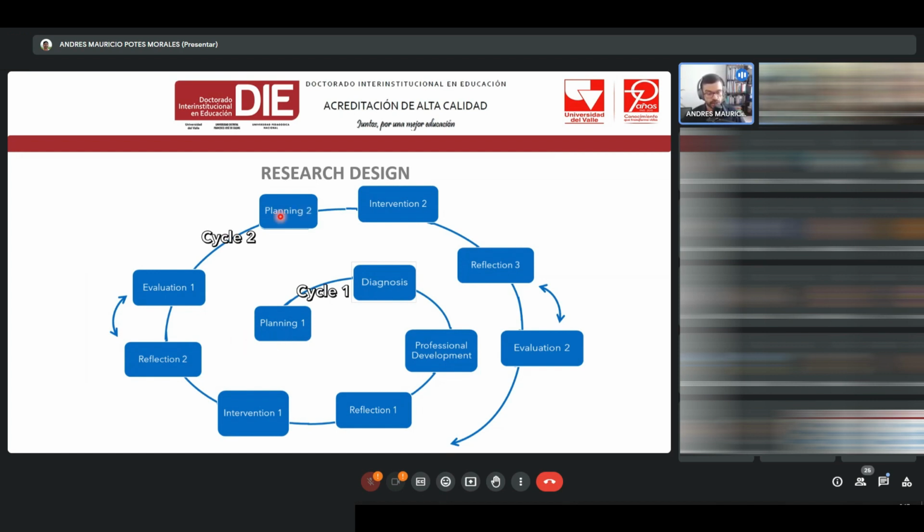In the second one, the evaluation of the first cycle to plan the second intervention. Then we have the diagnosis, which is concerned with asking teachers about their beliefs and their experiences regarding interculturality and also CALL and language teaching.